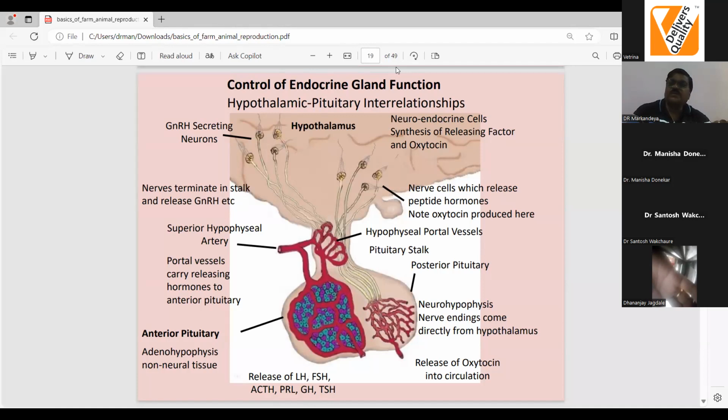Total load of follicles in the cortical region of the ovary is nearly 1,25,000 in the right ovary and 1,25,000 in the left ovary. So whatever the stock is, 2 lakh, 2.5 lakh, 3 lakh, everything is ready at the time of birth, and that is available for growth and development.